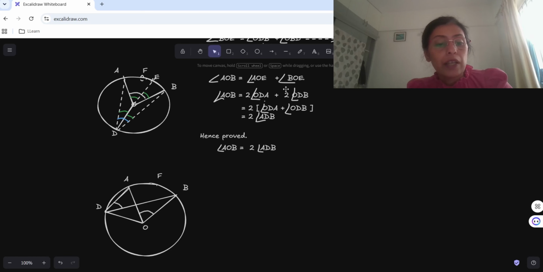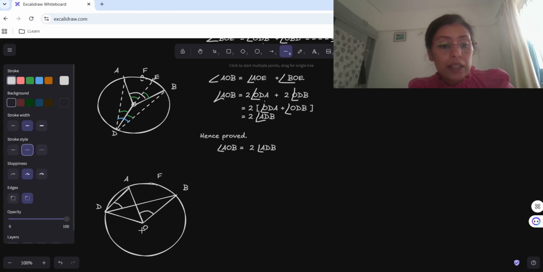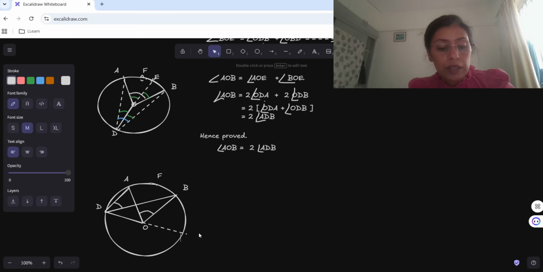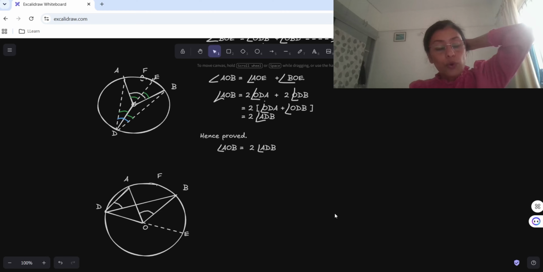Now, in the earlier case, we had extended this line OD so that it intersects the circle. Now, when I am extending it, see, it will intersect the circle here. Let me call this point E. So you see here the case that E is not falling on the arc AFB. E is falling at a point on the other side of the arc. Now, how do we prove in this case?